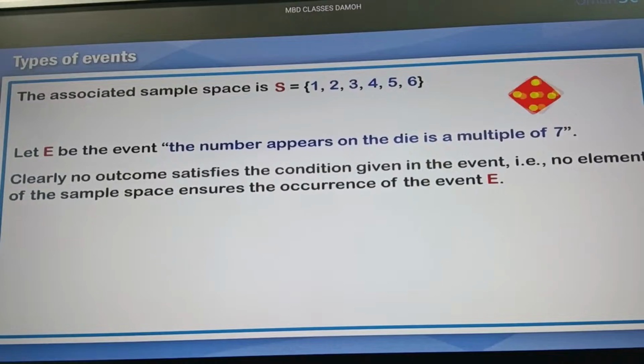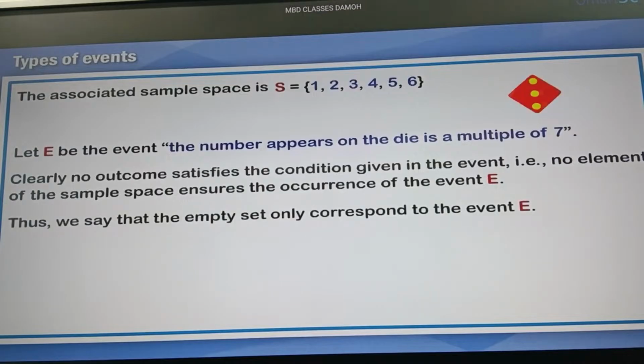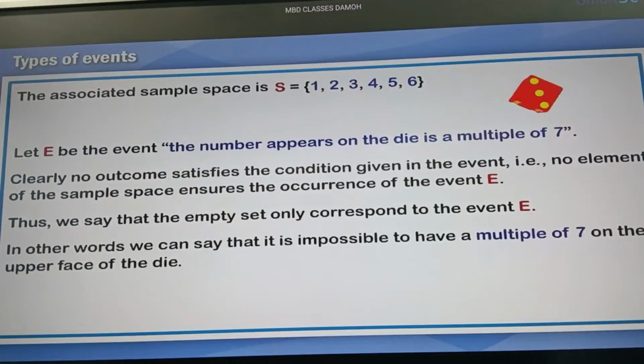Clearly, no outcome satisfies the condition given in the event, that is, no element of the sample space ensures the occurrence of the event E. Thus, we can say that the empty set only corresponds to the event E. In other words, it is impossible to have a multiple of 7 on the upper face of the die.